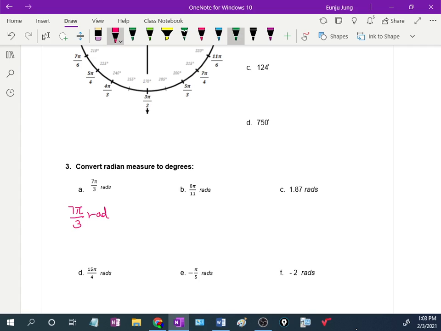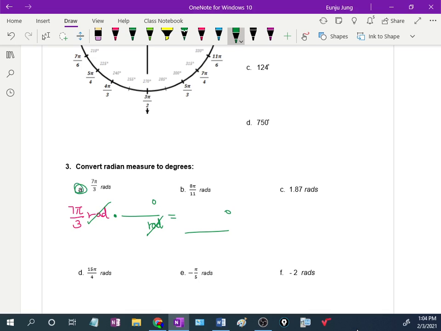So let's see, how can I change that? What do I need to multiply to get rid of radian? Radian is in the denominator, so we can cancel out, cross canceling, okay? The old one in the denominator. What is on the top then? Degree, because I want my answer as a degree, right? So my answer will be a degree. So I'm doing number 3A. So let's put something to multiply.